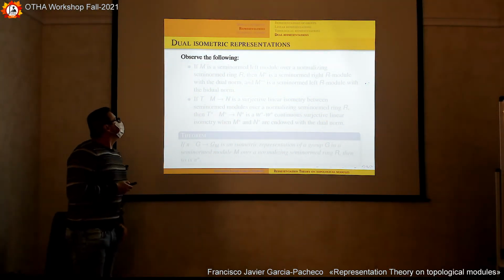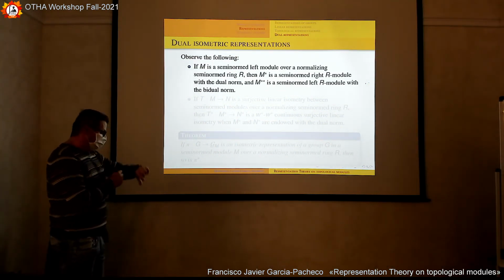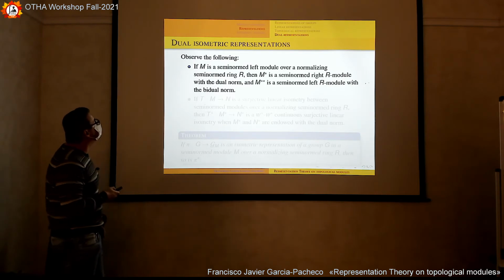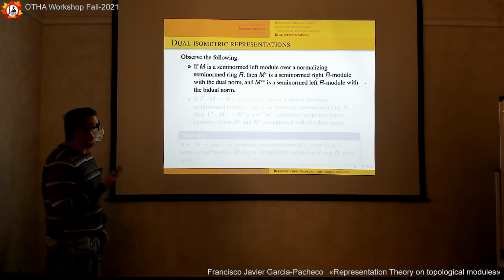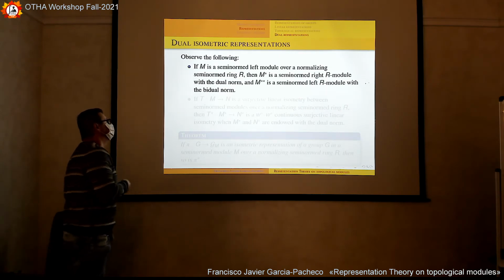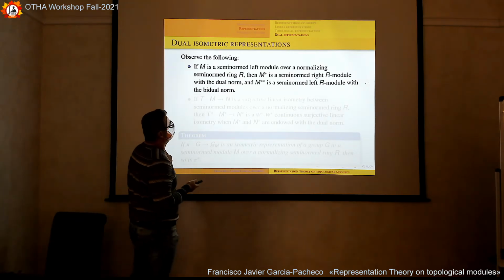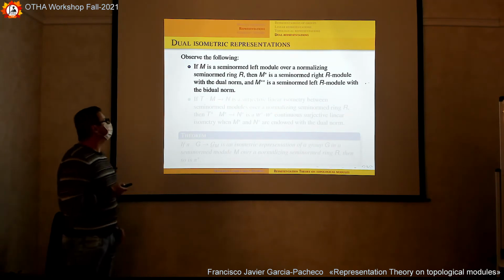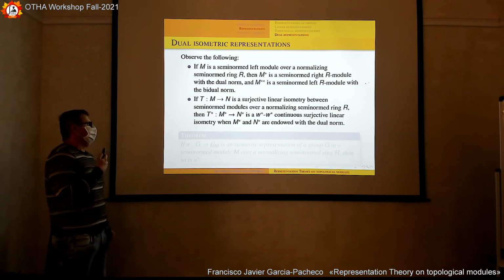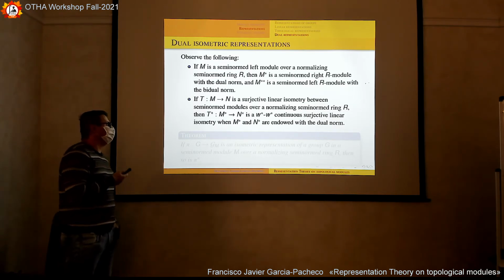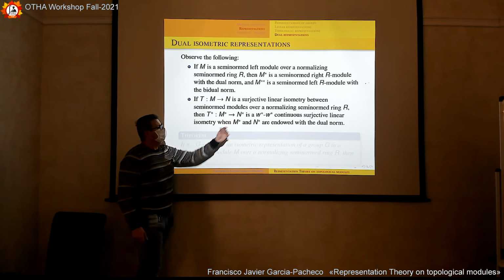Now we can make the following observations. If M is a seminorm left module of a normalizing seminorm ring, then the dual is a seminorm right module with a dual norm, and the bidual is a seminorm left module with a bidual norm. And now, take a surjective isometry between seminorm modules of a normalizing seminorm ring, this is the key part.